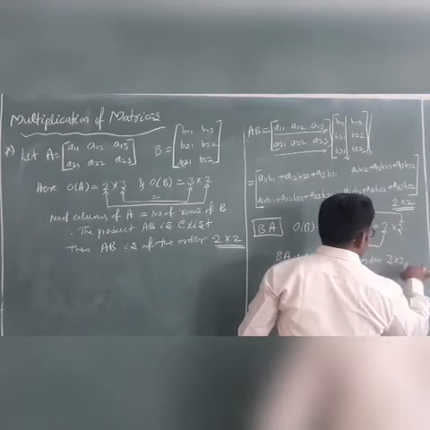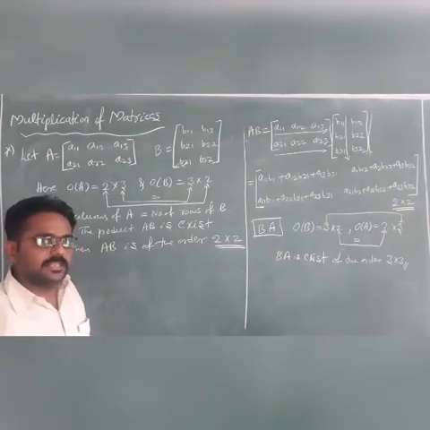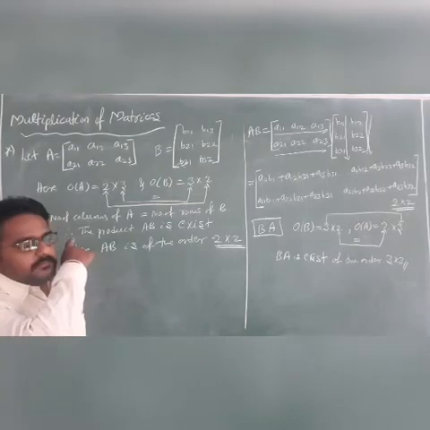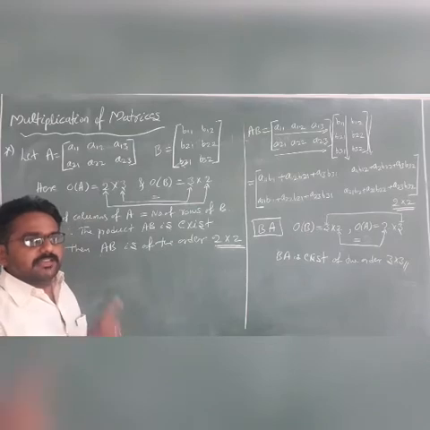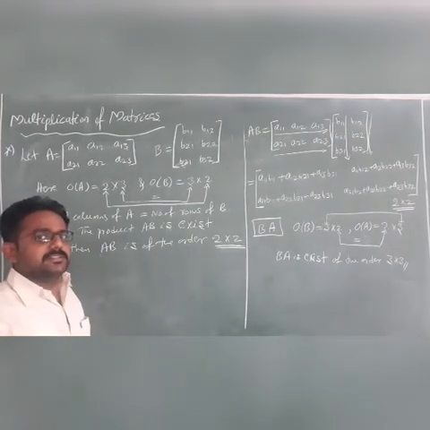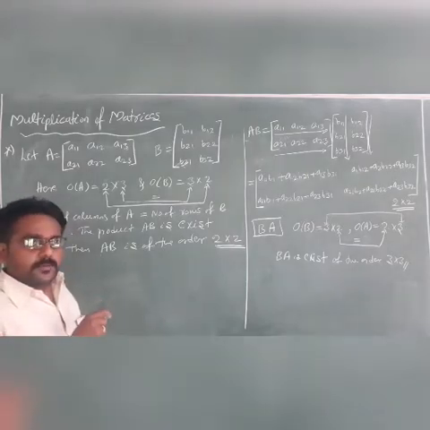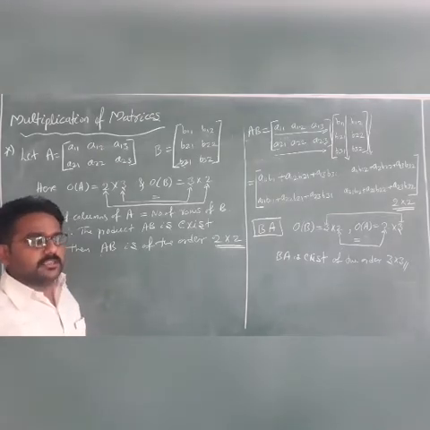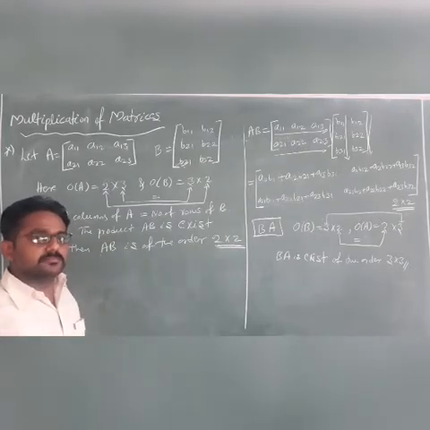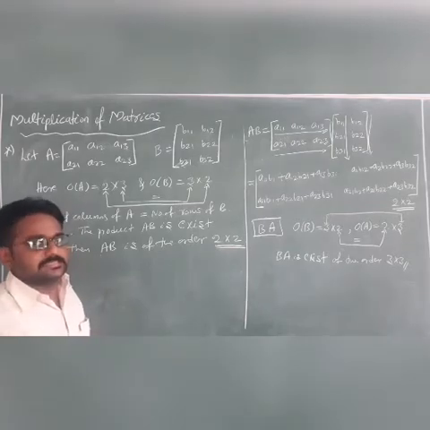Same thing, we will do the first row of the matrix B and the first column of the matrix A. We will multiply element-wise and take the sum of that product. First row of B with first column of A, first row of B with second column of A, and first row of B with third column of A. Likewise, we get a matrix of 3 rows and 3 columns.